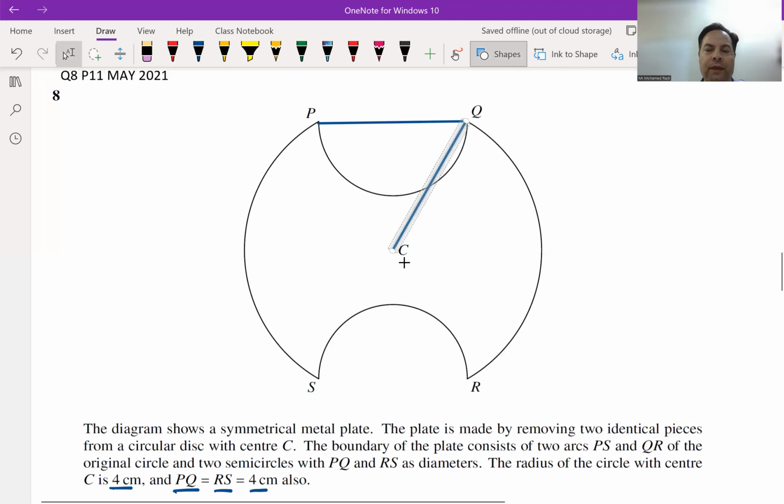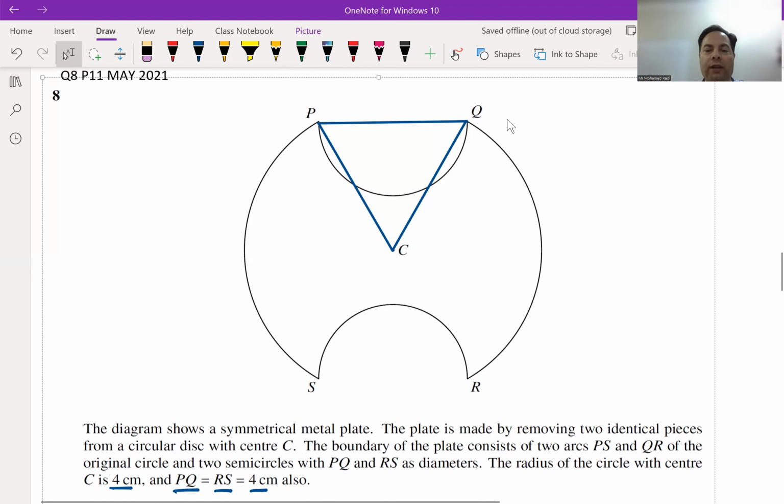CP, is it an equilateral triangle? Sure, yes. All sides are equal, so all angles are equal. The measure of each will be 60 degrees. This shape has a line of symmetry.